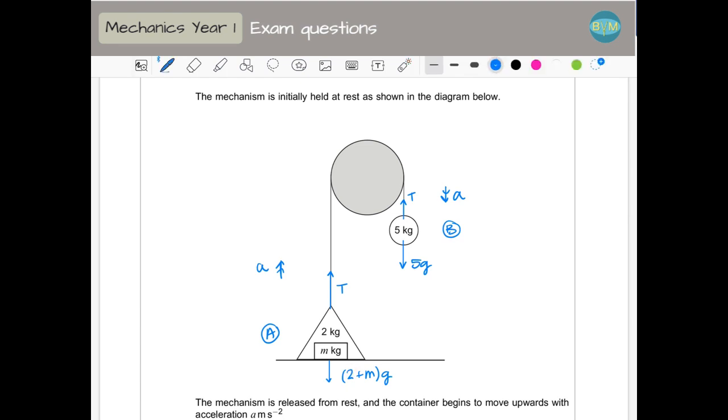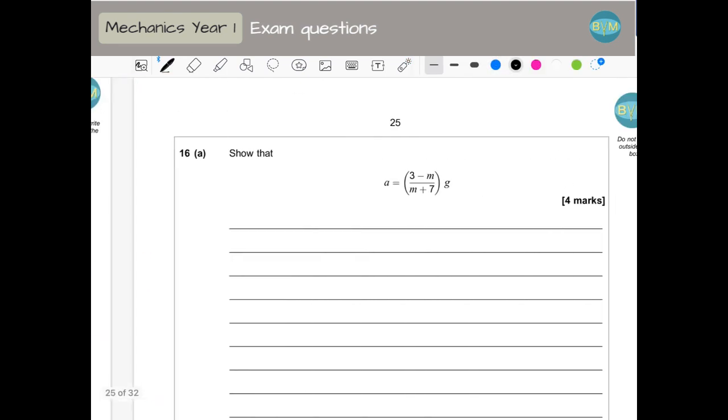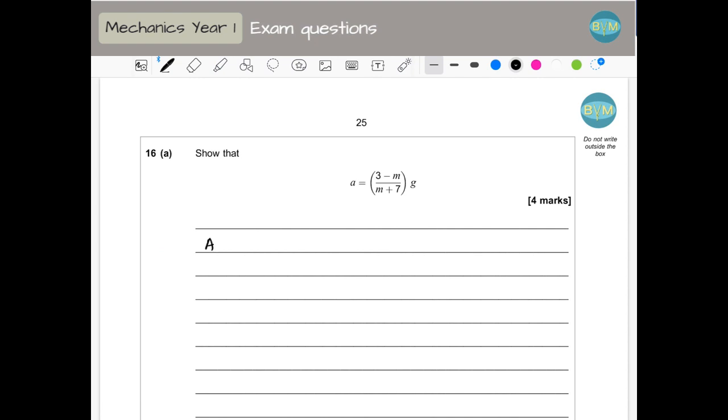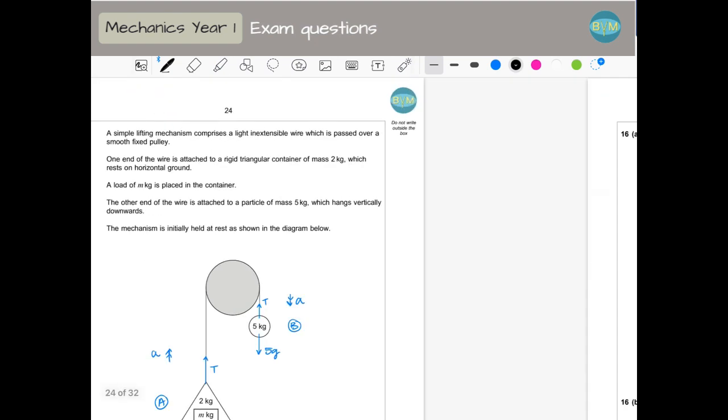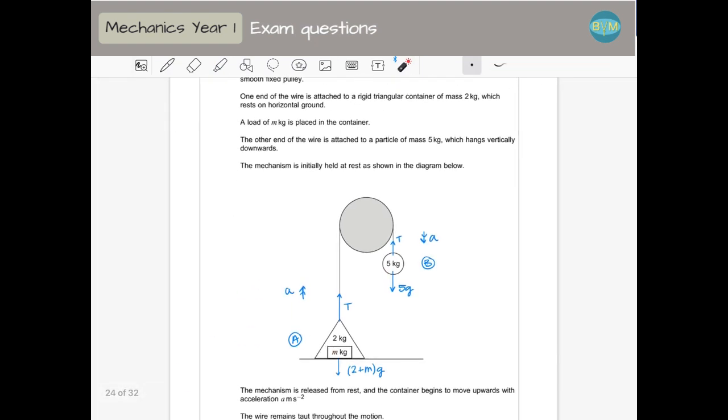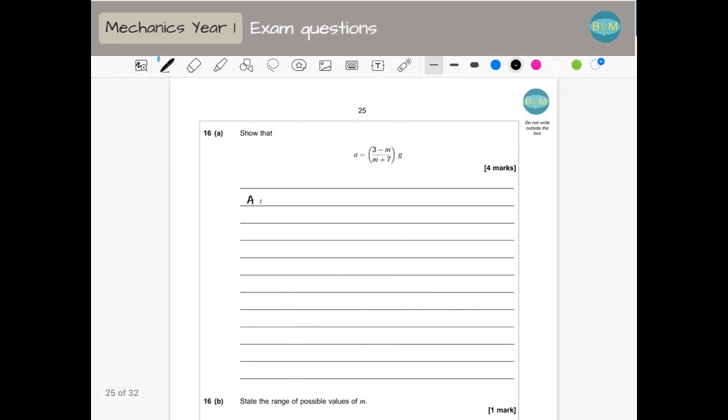So for A, which is going up, this means the tension is greater than the weight, so the resultant force is T minus (2 plus m)g. That is equal to the mass, which is 2 plus m, times acceleration.